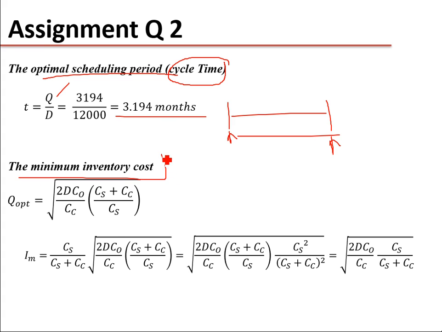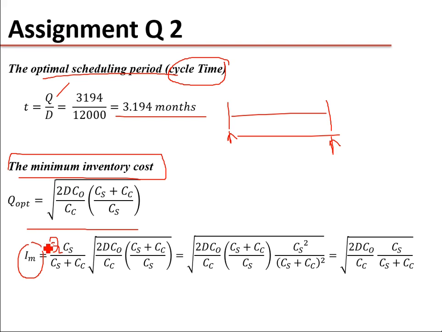The minimum inventory cost now we are going to find, and for this minimum inventory cost, Q optimum we know, and IM we already found. And in the case of IM over here, it is Q minus S over there.